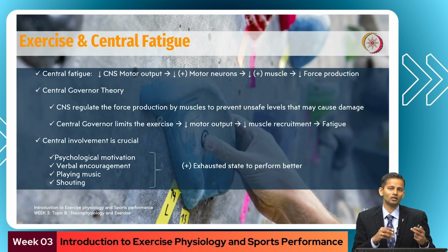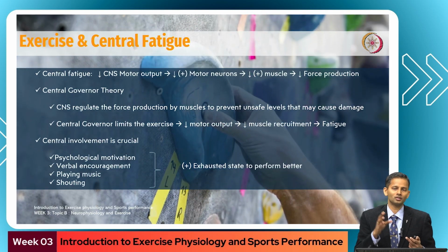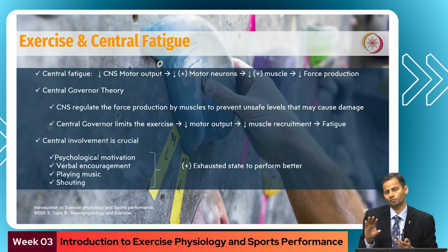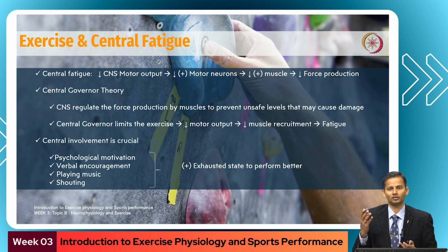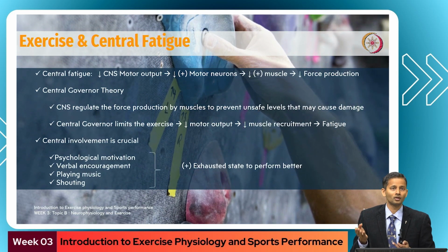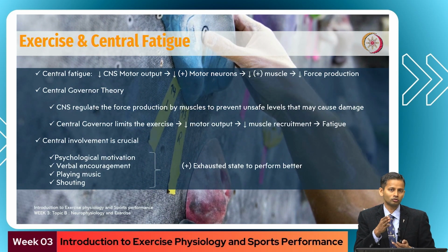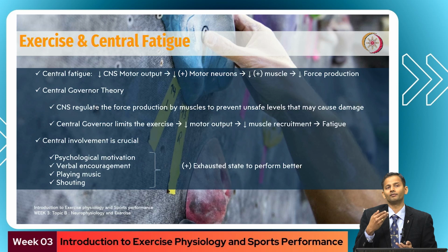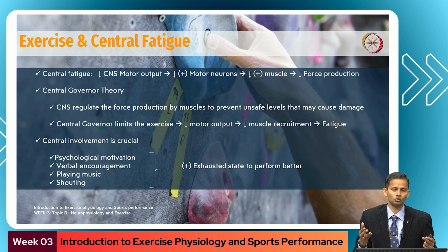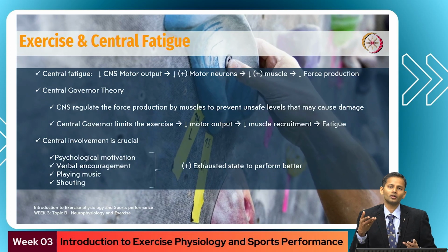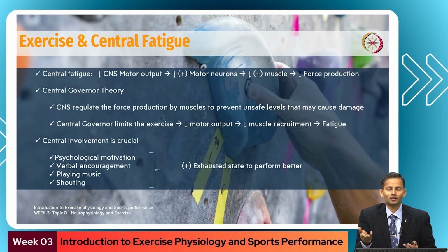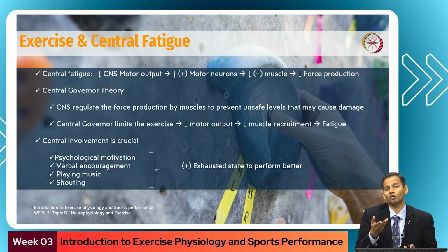Thus the involvement of the central nervous system in such decision making is very crucial to prevent unsafe levels of activity and further damage. However, central governor theory also states that psychological motivation, verbal encouragement, playing music for example, or just shouting certain keywords, can also motivate the person to perform better, even though the person is in an exhausted state.